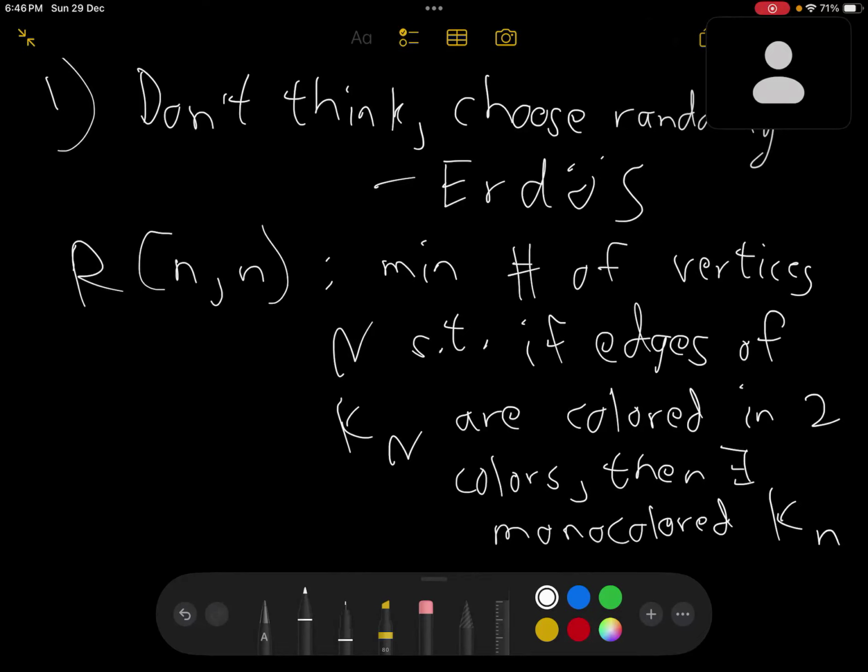So what it says is, what's the minimum number of vertices so that if you take a complete graph on those vertices and you color the edges in one of 2 colors, then there'll be a K_n with all edges red or a K_n with all edges blue. So for instance, R(3,3)=6, that's the classic thing.